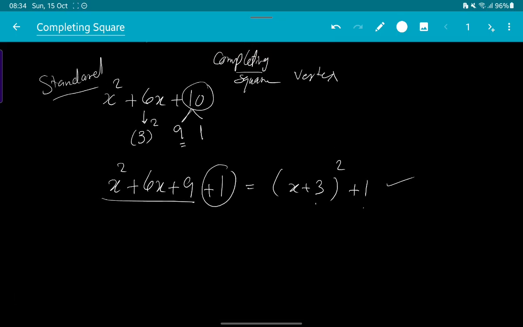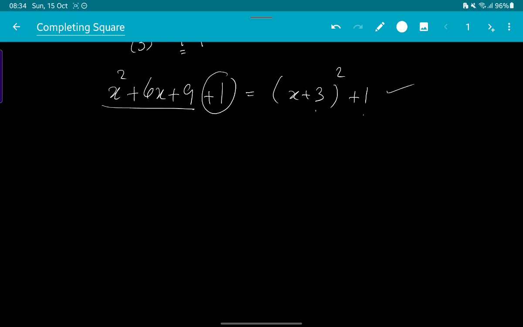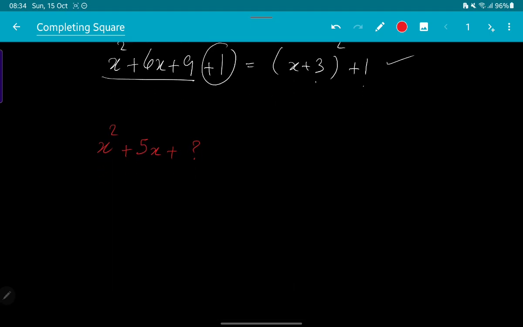This is the standard level of examples. If x squared plus, and instead of an even number, it's 5x, for example, what will be here to make it perfect?